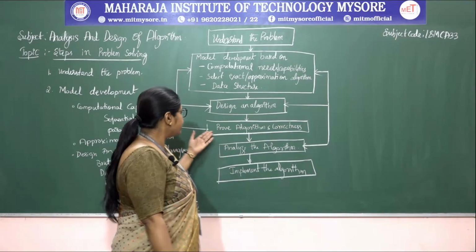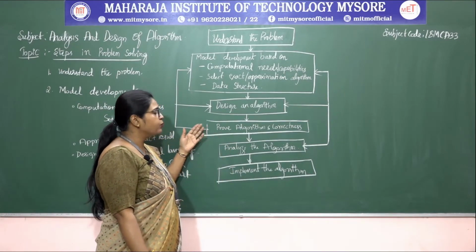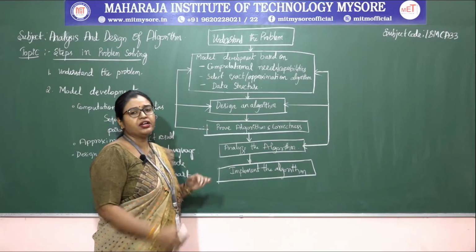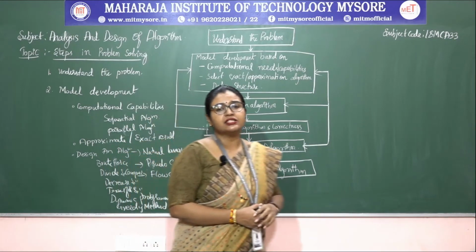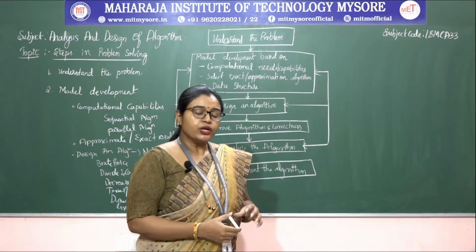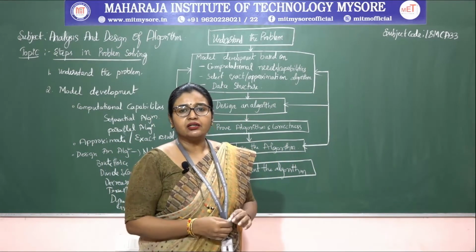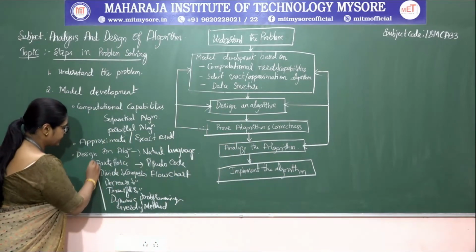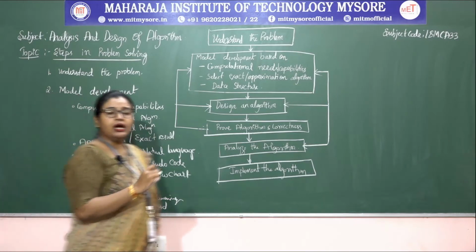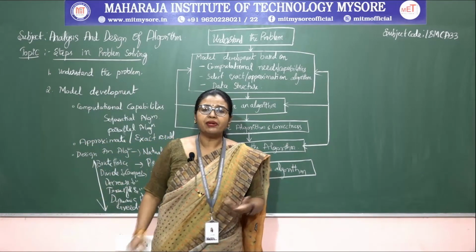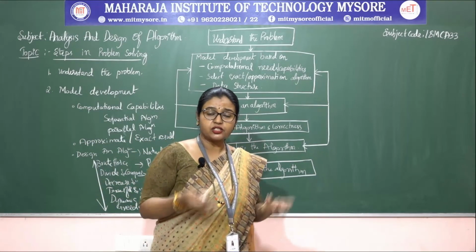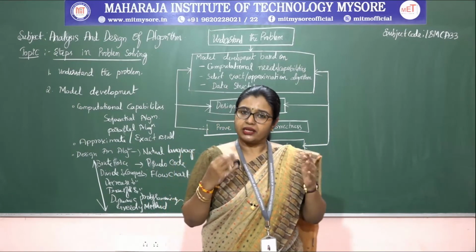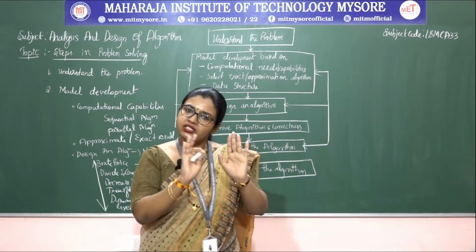Next, once you validate that your algorithm is giving the correct result, we need to go with the analysis of the algorithm. In order to solve a single problem, we have multiple techniques. Using those techniques, you can have n number of solutions, and they are going to give you the same result.